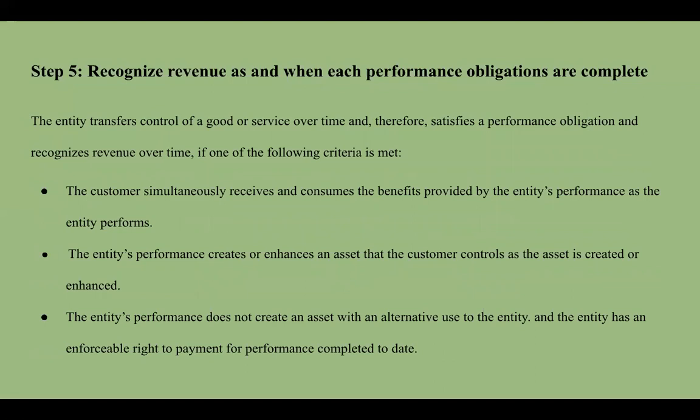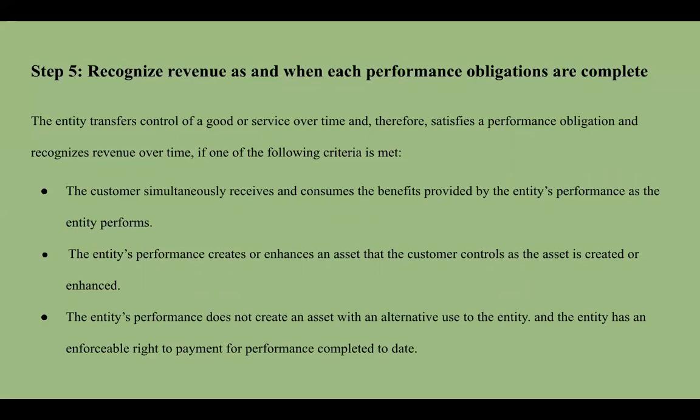Step 5 recognizes revenue as each performance obligation is satisfied. According to ASC 606-10-25-27, the transfer of control of goods or services over time is recognized over time if one of the following is met. First, the customer simultaneously receives and consumes the benefits provided by the entity's performance as the entity performs.